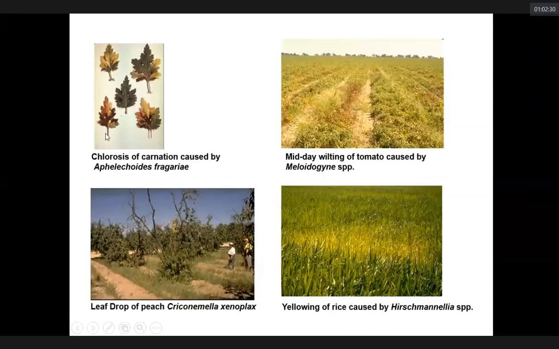You can see here chlorosis. Chlorosis means destruction of chlorophyll. What is the function of chlorophyll? Chlorophyll makes the plant green. You can see here this plant does not remain green anymore because of the chlorosis. And why will there be chlorosis?